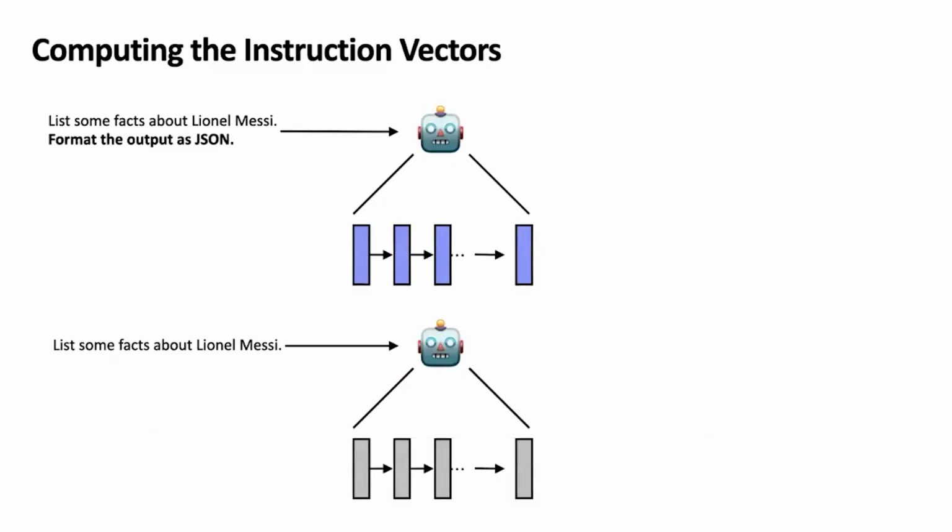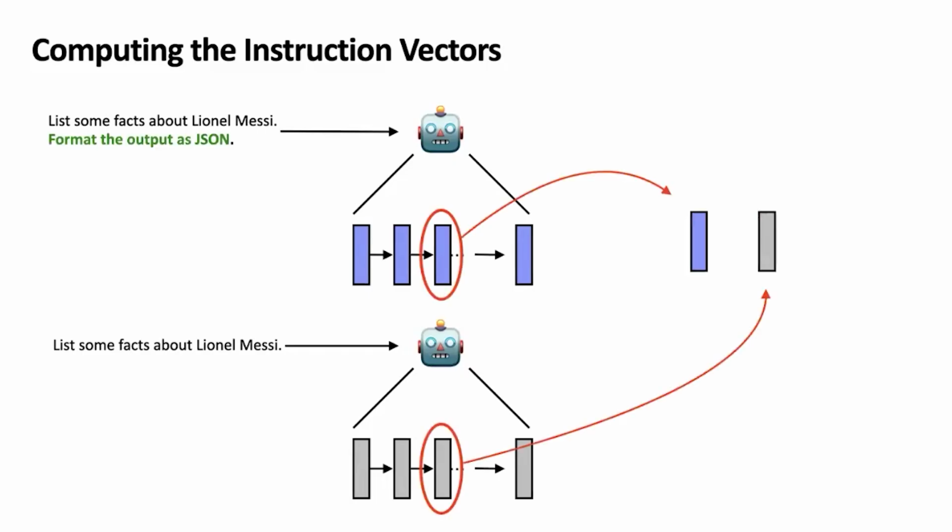So now back to our methodology. As I mentioned earlier, we have pairs of inputs, one containing a base request and one containing a base request plus the instruction that we care about. We feed these inputs to the model. We take the activations at the last token. We take the difference, and what we get is a vector that represents the difference in the model's representation, the information that is present in one case but not in the other.